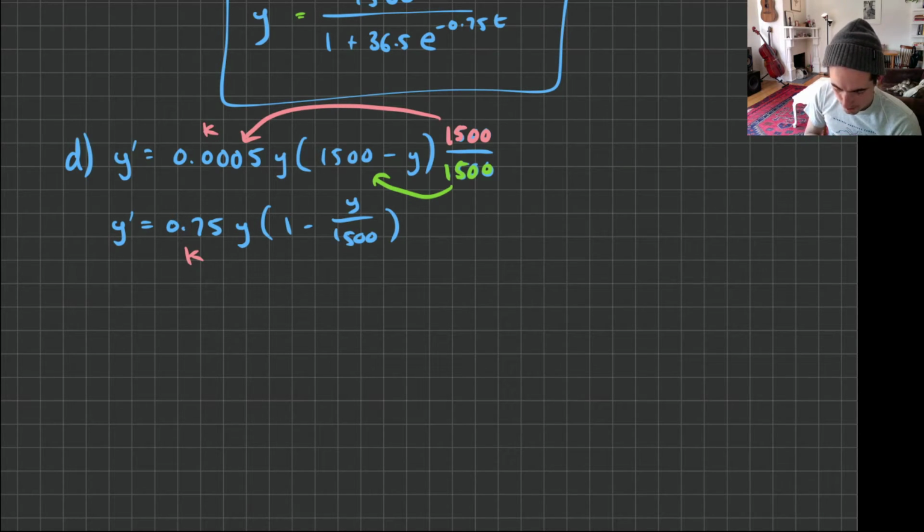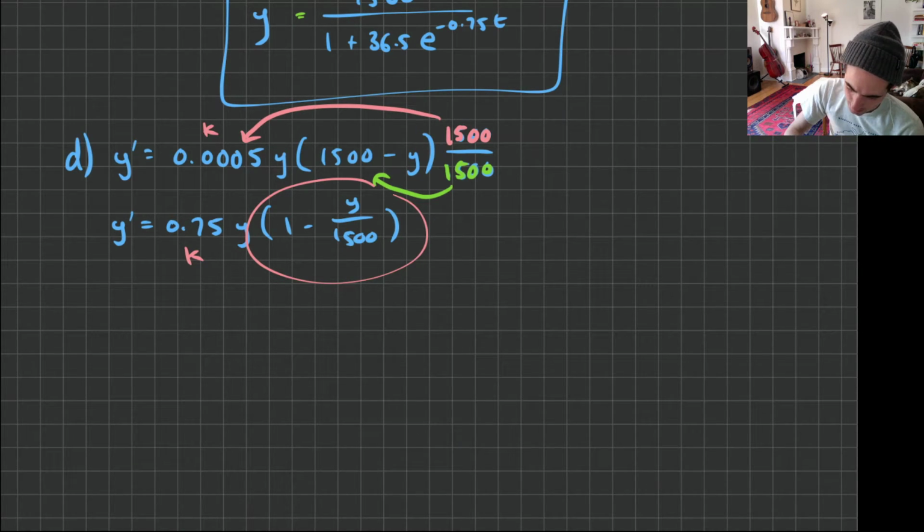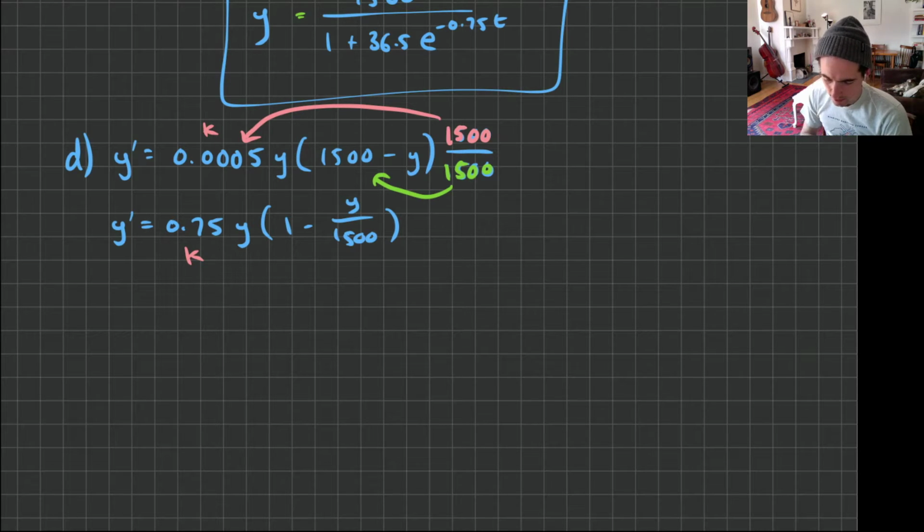version of the k. To go from the small k to the big K, you just multiply it by the limit, and then you write the limit as a denominator under y, and you do 1 minus that instead of the limit minus y. So yeah, you could go directly there. I prefer to do things by writing out the algebra, so I have some kind of record of what I did, and it explains my thinking.